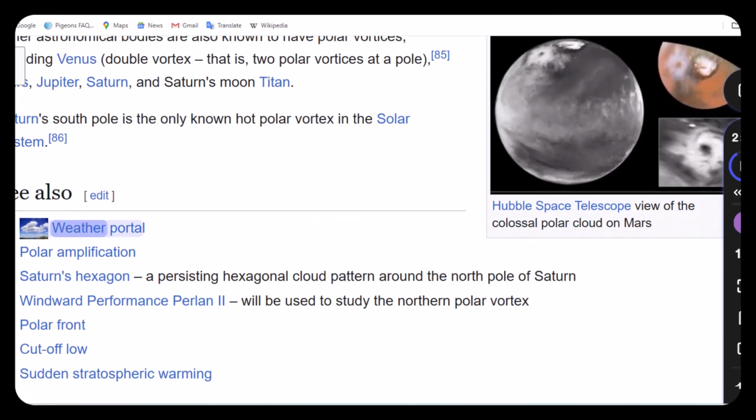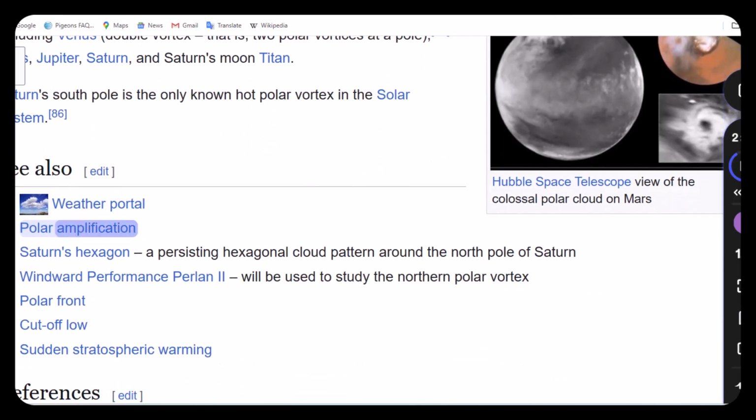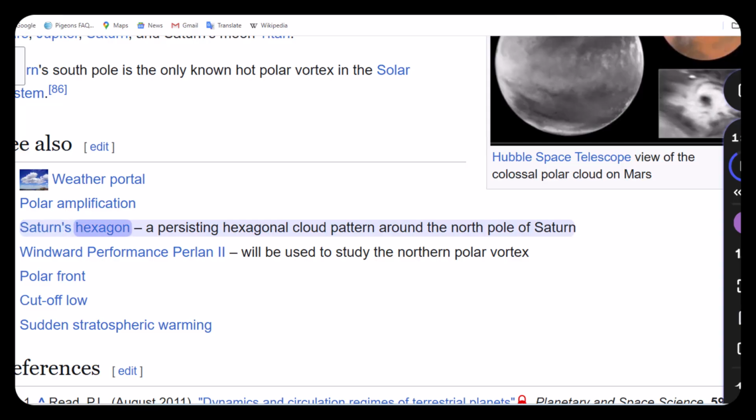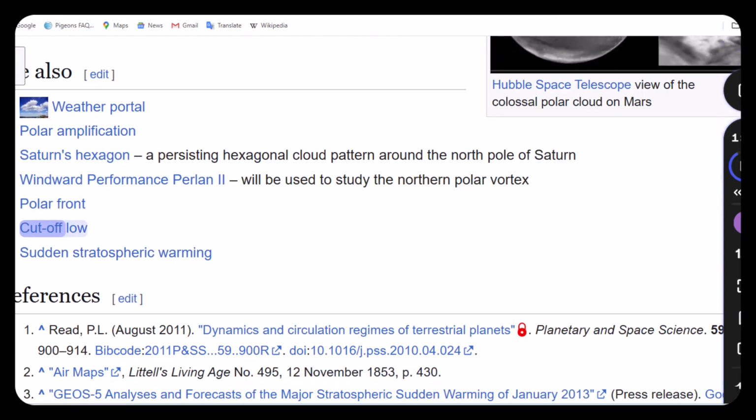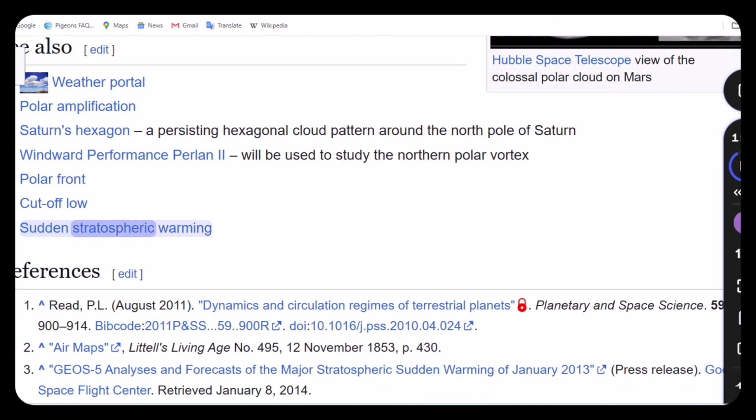See also Weather Portal, Polar Amplification. Saturn's hexagon, a persisting hexagonal cloud pattern around the north pole of Saturn. Windward Performance Perlan II will be used to study the northern polar vortex. Polar front, cutoff low, sudden stratospheric warming.